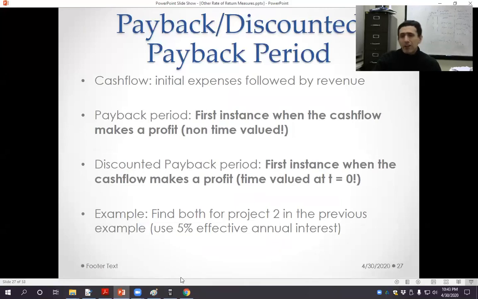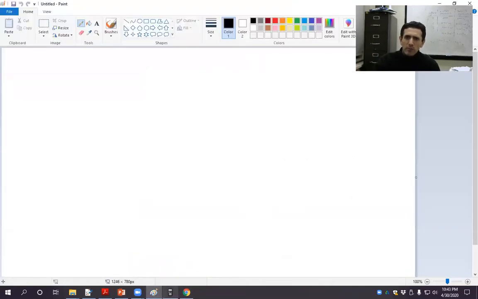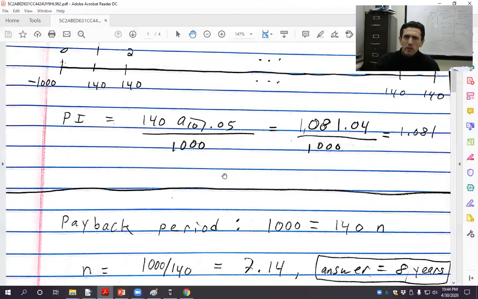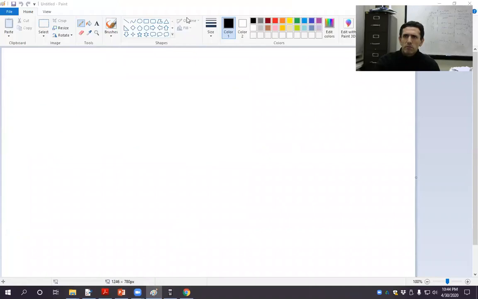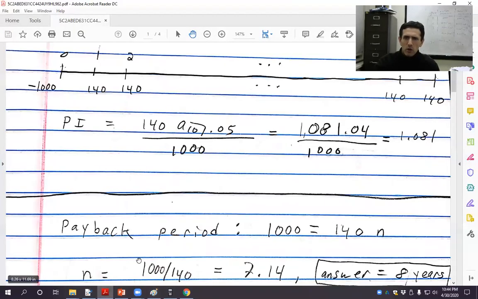I'll explain why it's called the discounted payback period, even though it really makes more sense taking accumulated values, because we're asking when this makes a profit. So let's take this $1,000 expense.